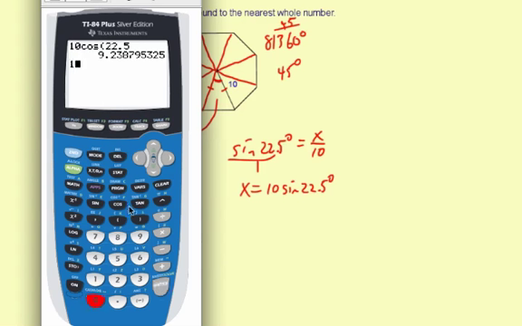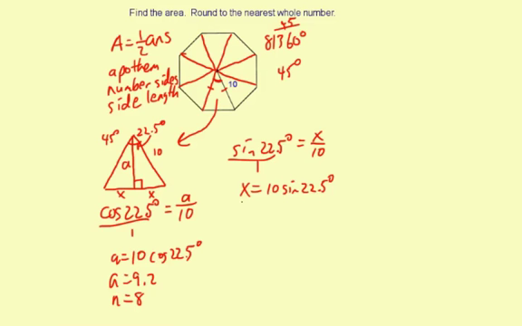So let's see, 10 times the sine of 22.5. It's 3.8. So x equals 3.8.